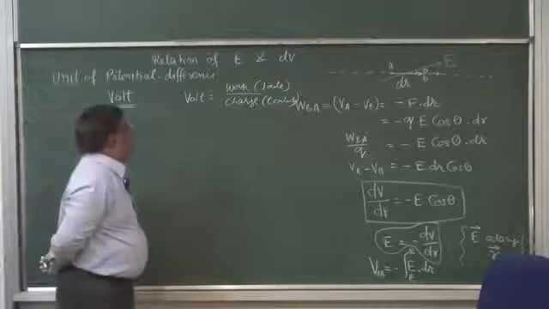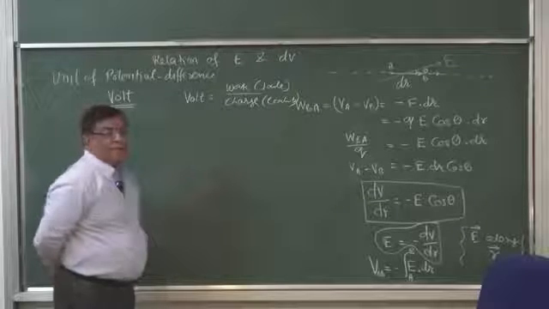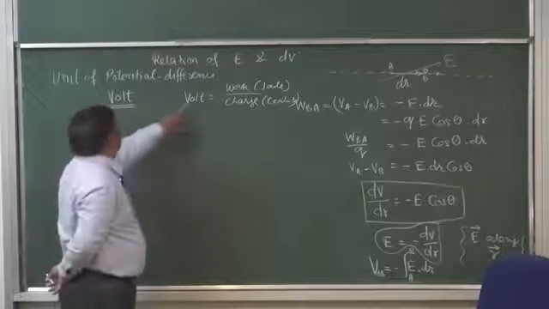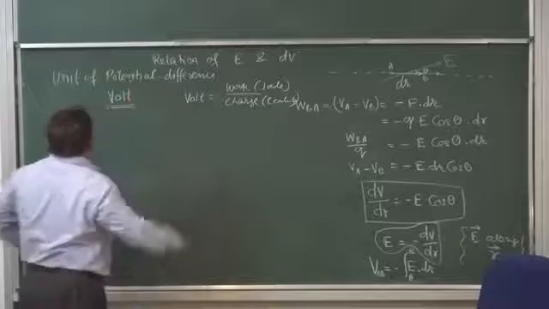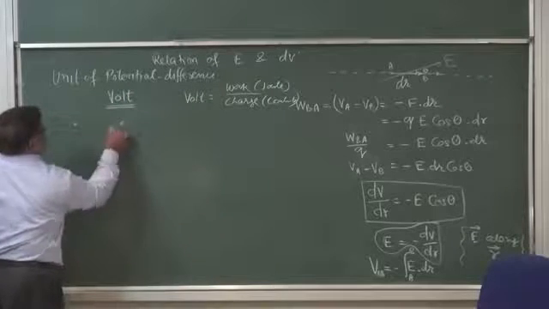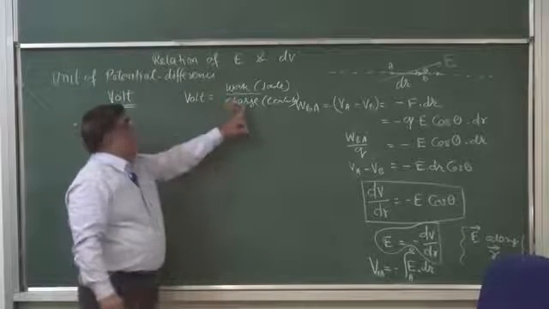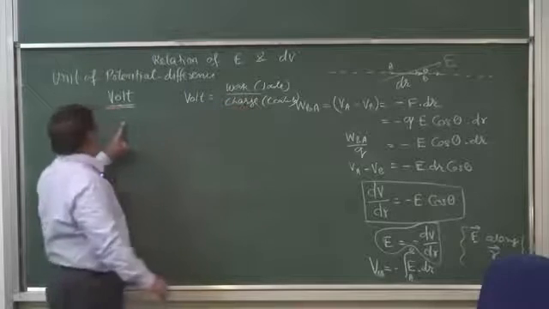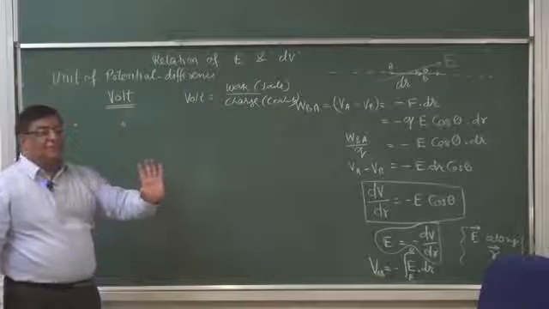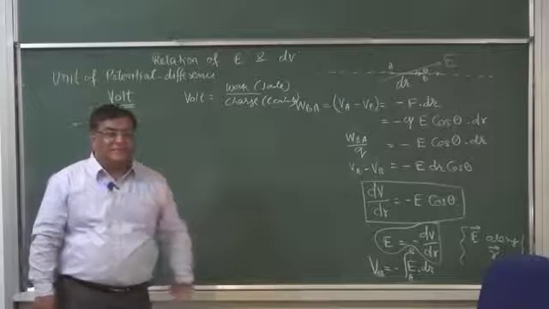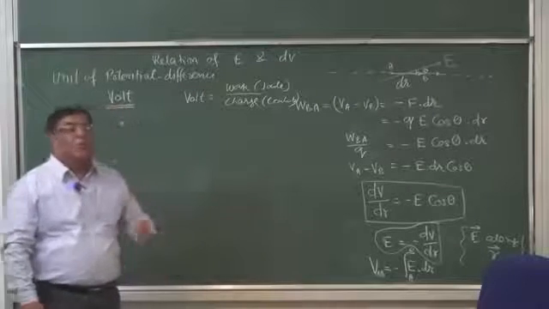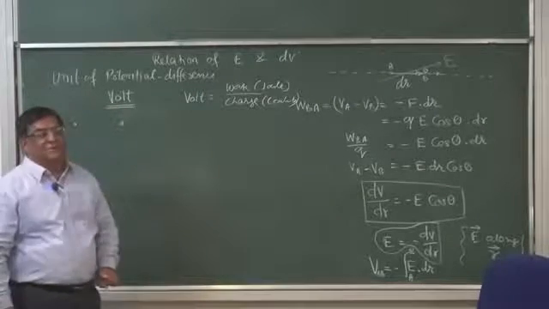Now, how can we define volt? The potential difference between the 2 points is the amount of work done when a unit charge is brought from one place to the other place. This we have done, the very first sentence. That is the potential difference.